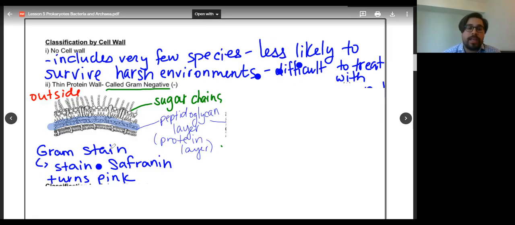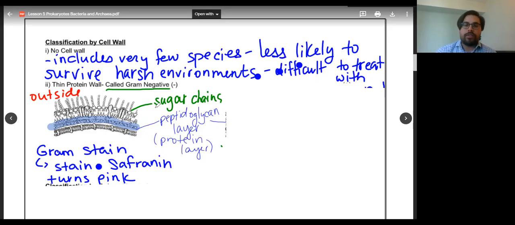If we were to do this lesson in person as a lab, we would grow different bacteria and stain them. Based on the stain color, we would determine if it is gram-negative or gram-positive.